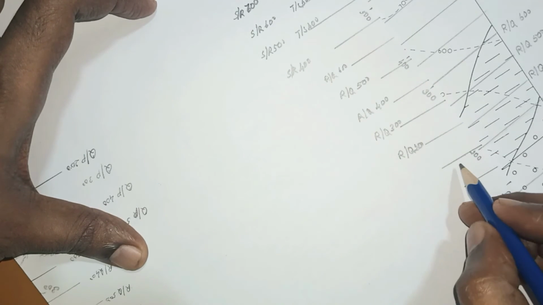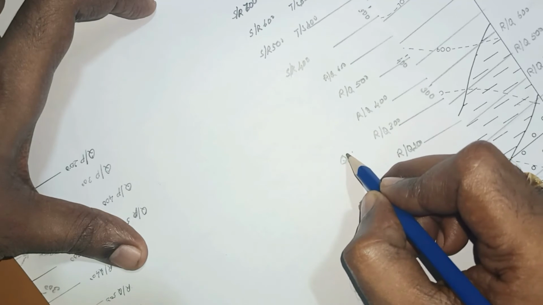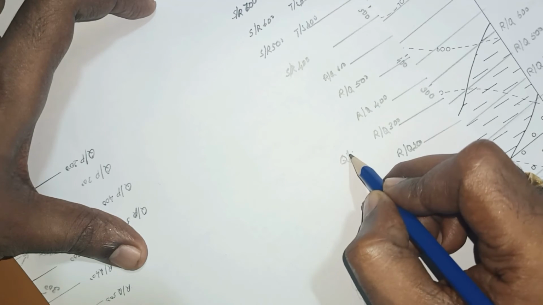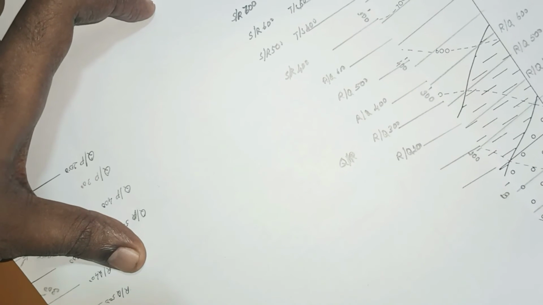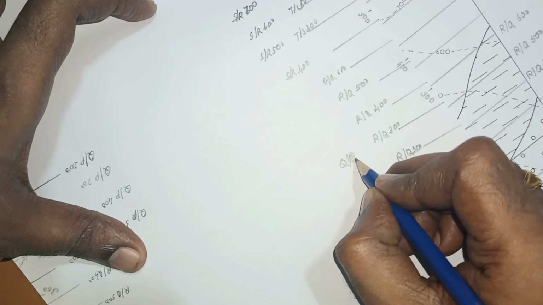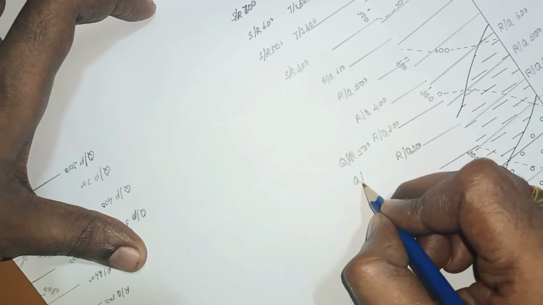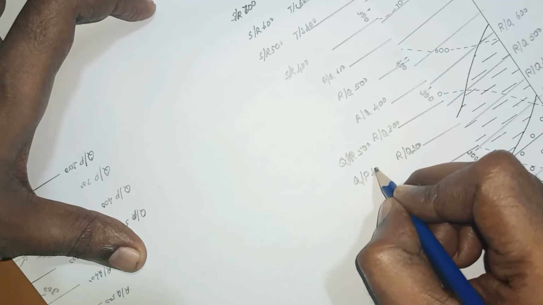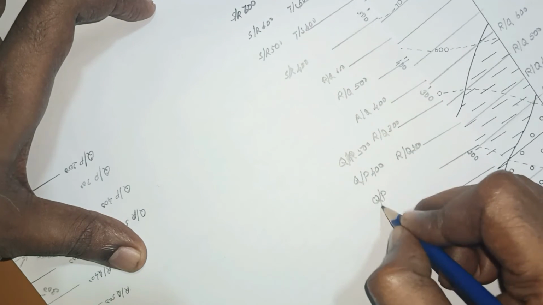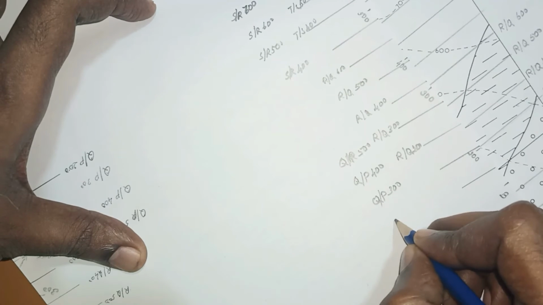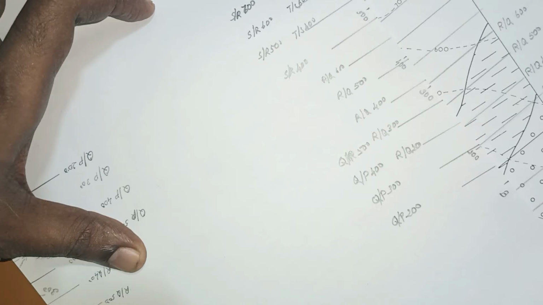Okay, next, here only it starts, so exactly you can do it. QP: QP 500, QP 400, QP 300, QP 200.